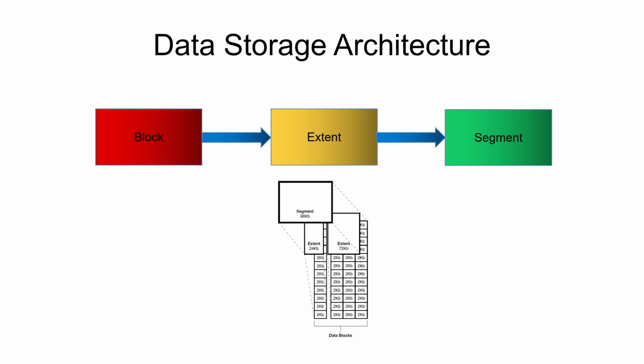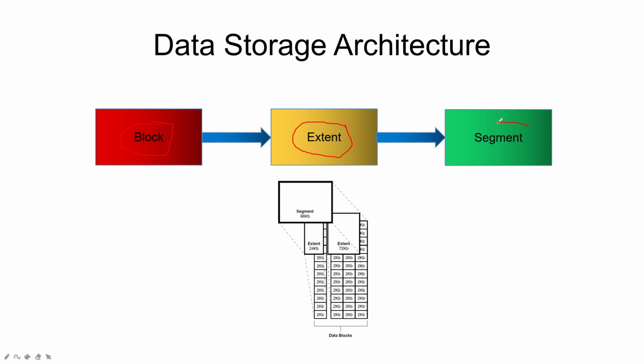Now, as you can see on the slide, this is how the logical storage is represented. This is the hierarchy, the smallest one being the block. The next one above block is the extent.